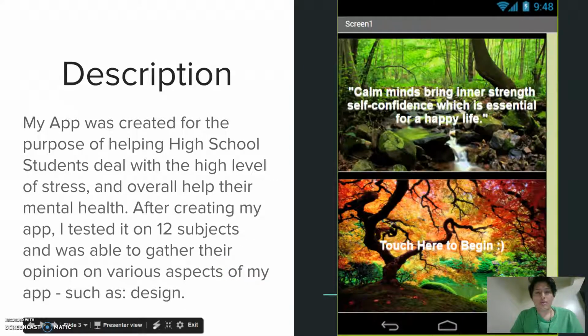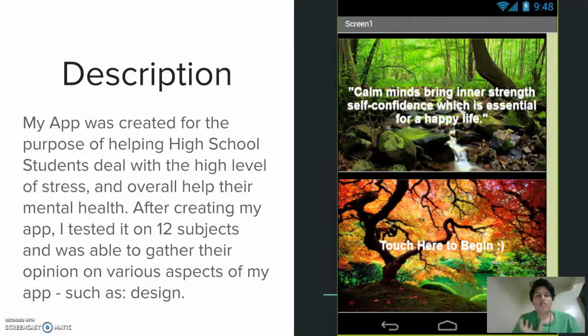So an overall description of my project: I noticed that high school teens tend to have a high level of stress, and as a result, I wanted to find a way to solve this issue. The way that I see it, most apps are algorithms that people use in order to simplify or solve a problem that is being faced in life.